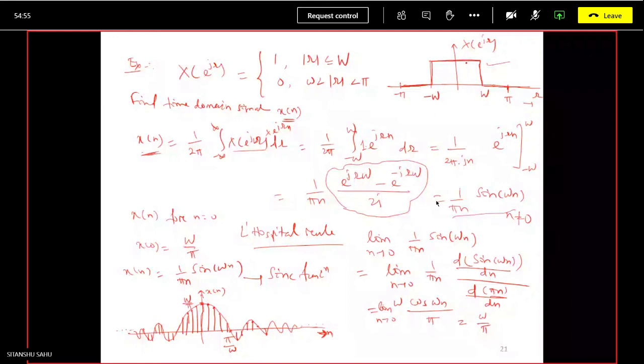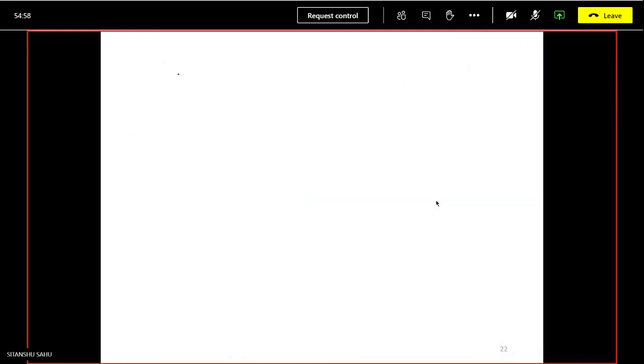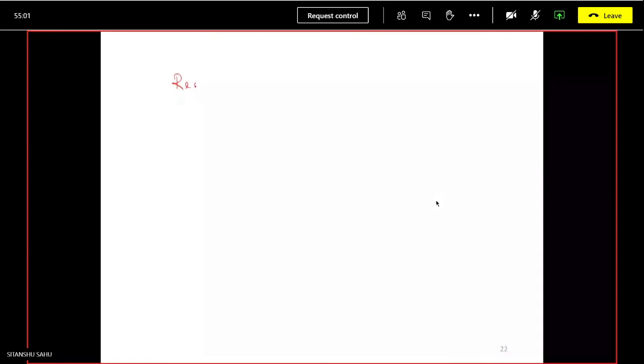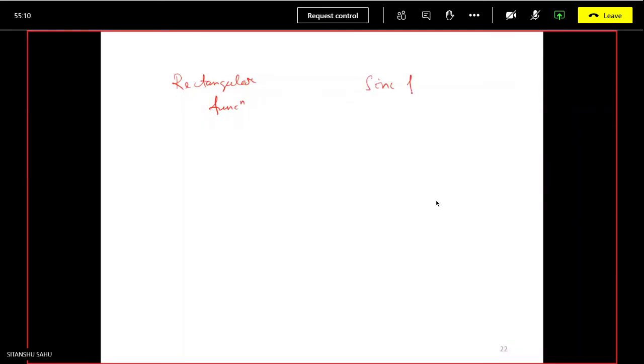So now I can write this one like this. It is the rectangular function on one side, and on this side the sinc function. If x of n is in the time domain and X of omega in the frequency domain, then a rectangular function in the time domain gives a sinc function in the frequency domain.